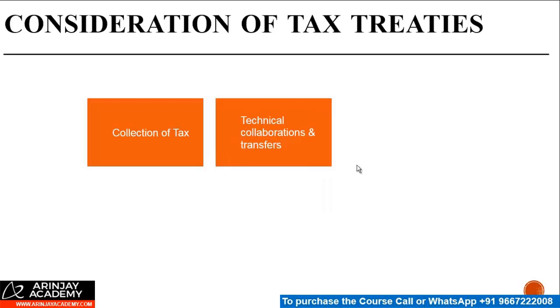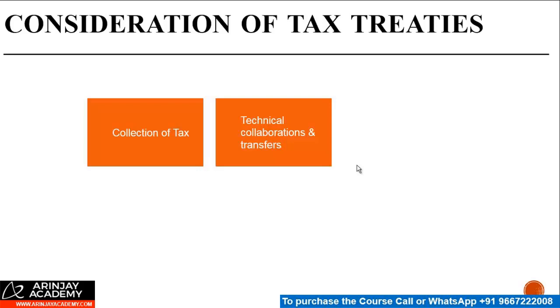The second is technical collaborations and transfers. Now, if there is a country which is low on technology and it wants technology to be imported from countries where the technical capabilities are high, it would want to enter into a tax treaty in such a manner that the benefit is given to the companies who are providing technical know-how, collaborations, as well as technical transfer.